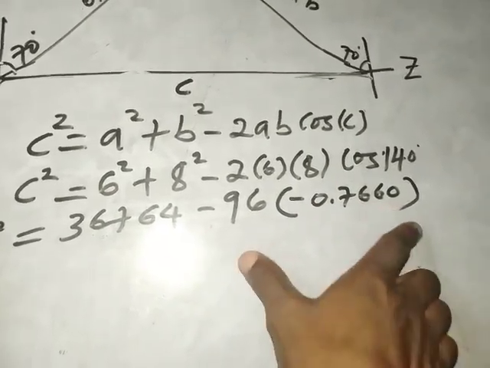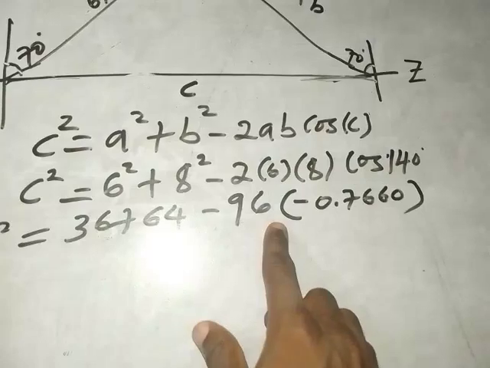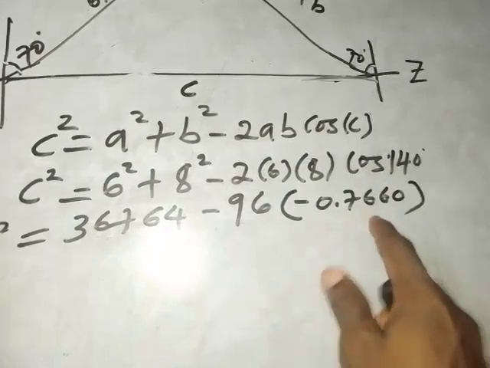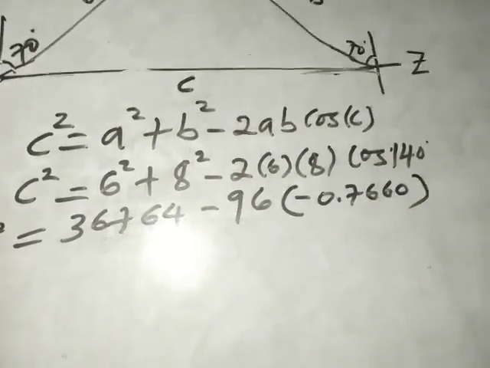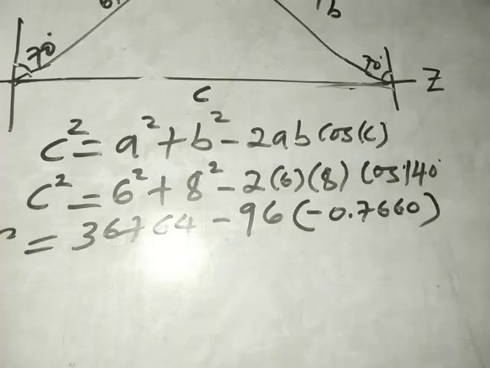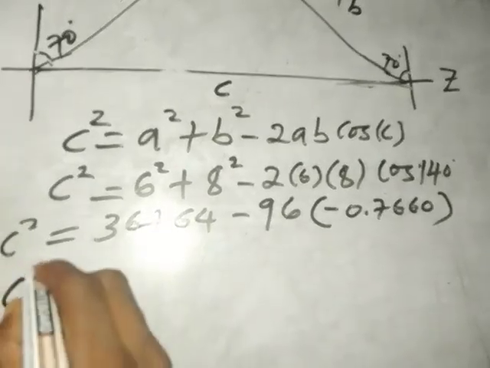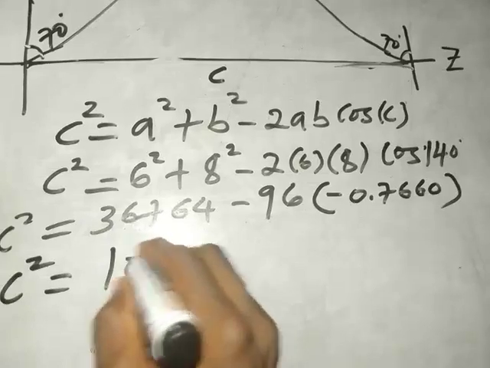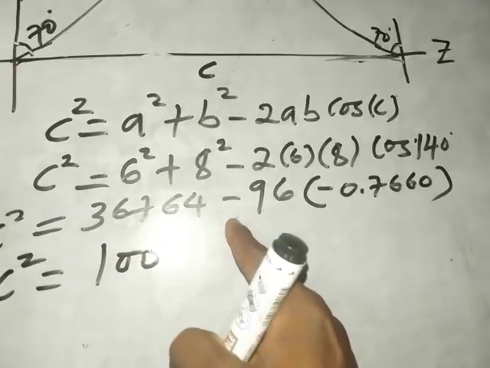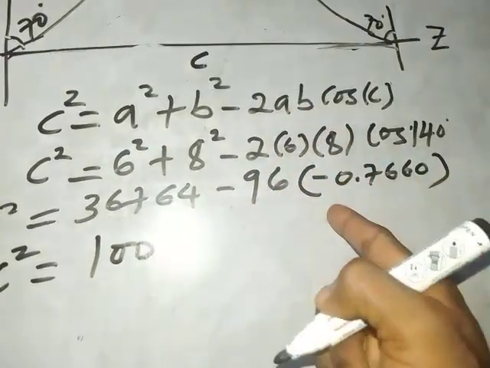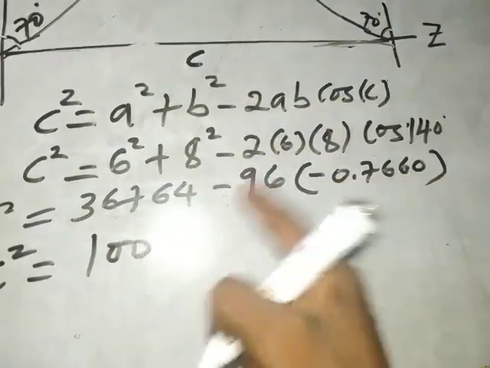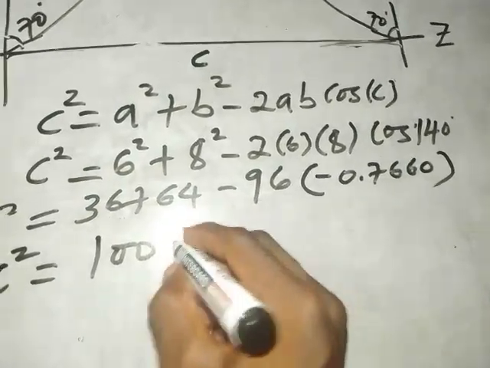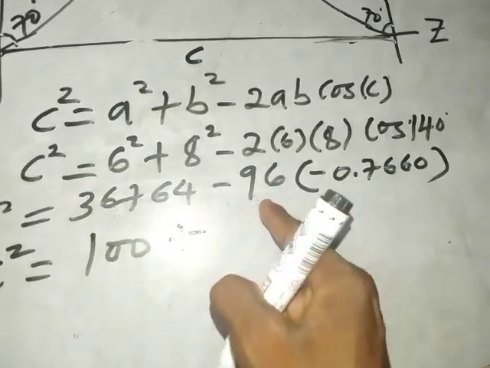C squared, which is the distance we are looking for, is equal to 36 plus 64, which is 100, so you say 100, minus 96 times minus this. Remember, minus times minus is plus, so this changes to plus 96 times this.